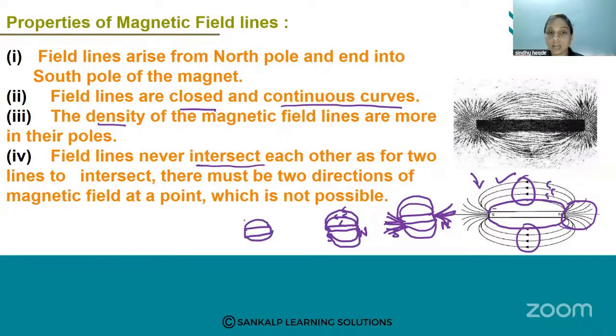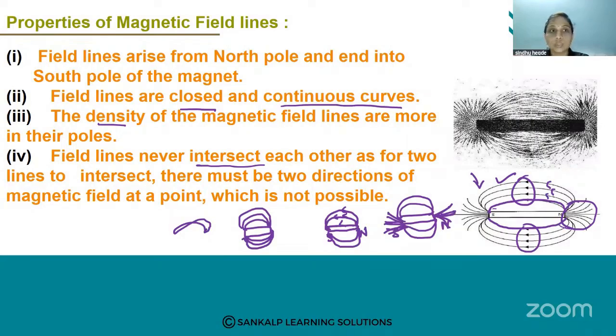See here, all are separate, right? They never intersect or merge with each other. Merging means one should overlap on another like this, or intersect, right? No, here the field lines never intersect each other. This is another important property we can see here.